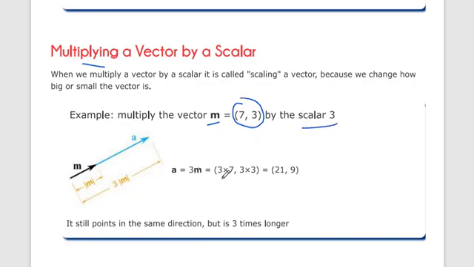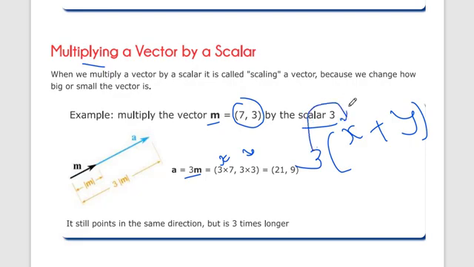It's simple: we multiply both the x and y values. If we multiply by 3, then we multiply both the x and y coordinates. Like this, if we have x and y and here it is 3, and we multiply both in the bracket, the value will become 3x plus 3y. It multiplies both coordinates.